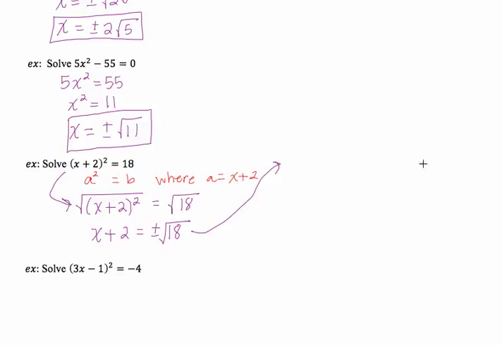And we also need to simplify the square root of 18. 18 divides by 2 to get 9, divides by 3 to get 3, so I can pull a 3 out. So we have x equals, if I move that 2 over, negative 2 plus or minus the square root of 18, which is 2 radical 3. So those are the two solutions to this equation.